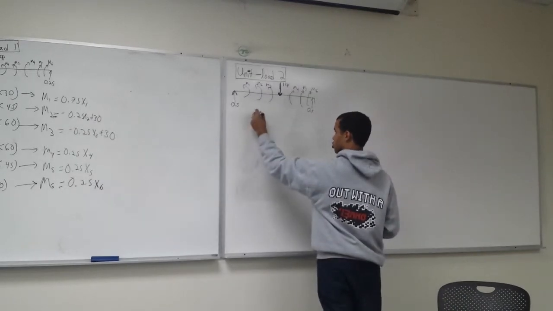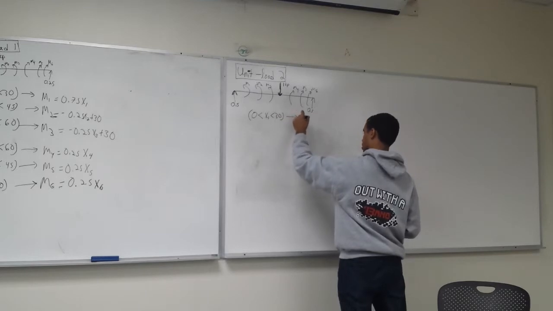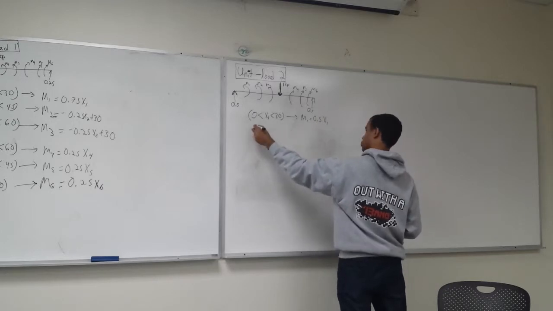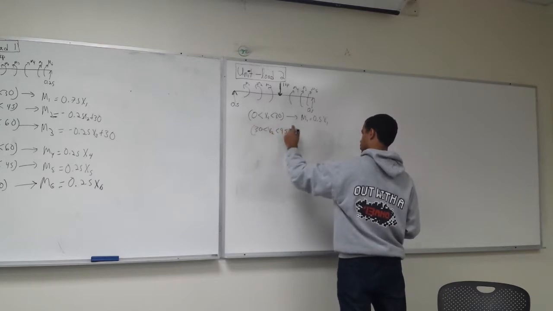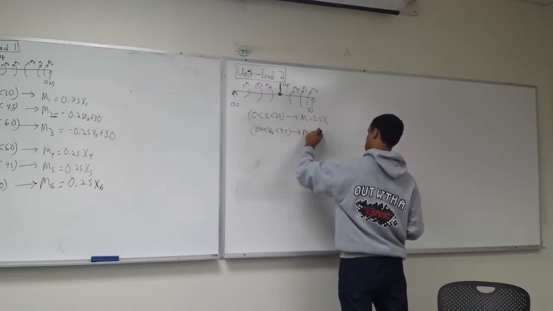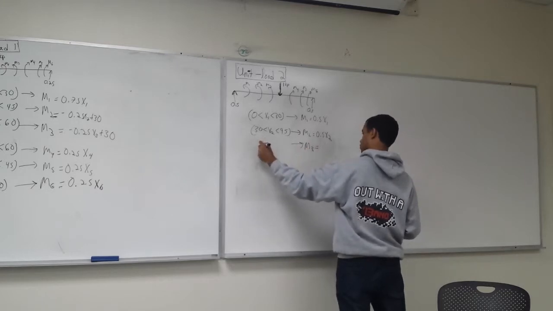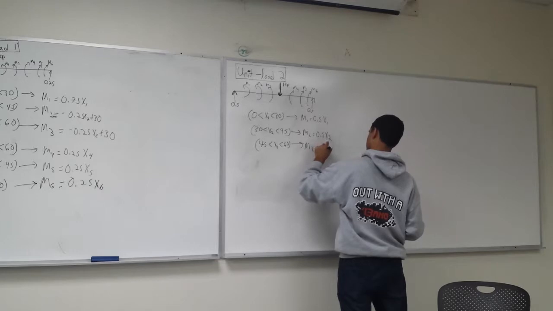From 0 to 30, M1 is 0.5 times x1. From 30 to 45, M2 is 0.5 times x2. For M3, from 45 to 60, 0.5 times x3.